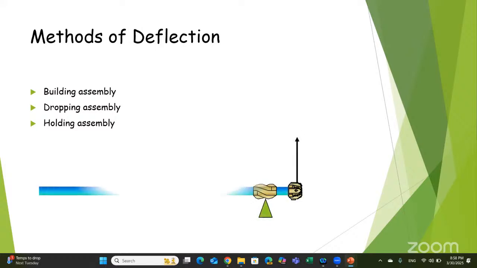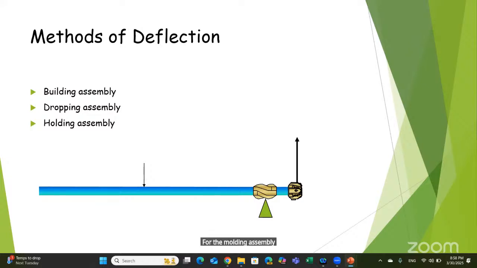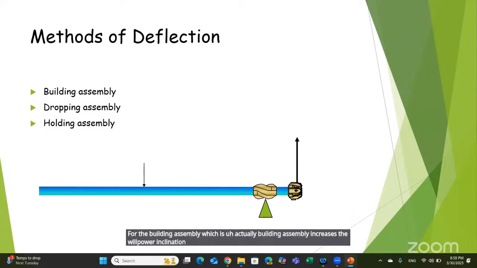For the building assembly, it increases the wellbore inclination to transition from vertical to directional or horizontal drilling.